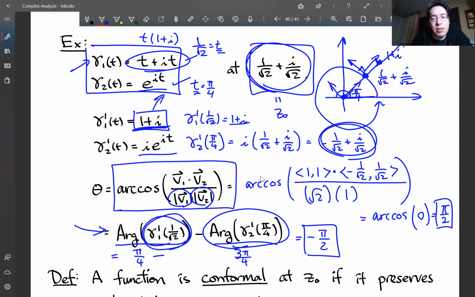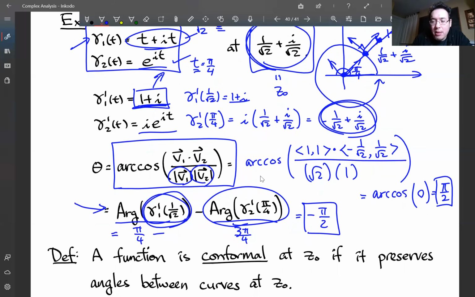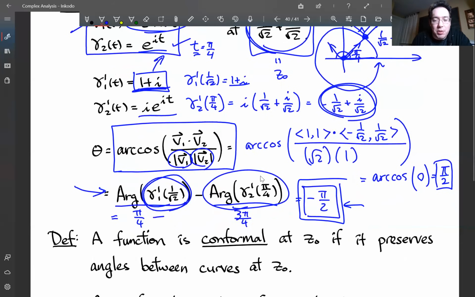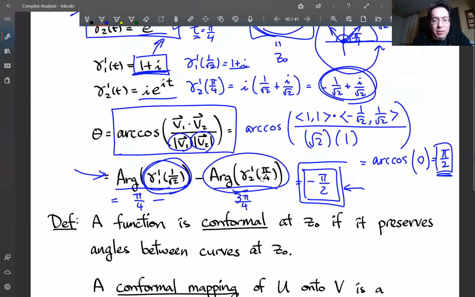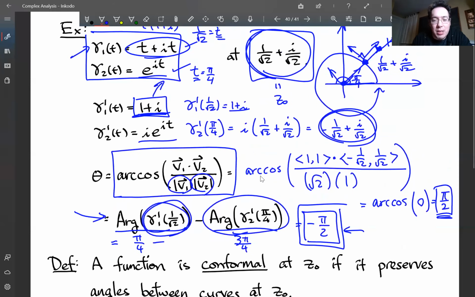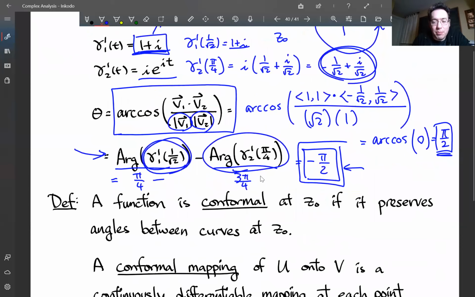So the orientation of the angle, whether the angle is in the clockwise direction or counterclockwise direction, makes a difference. I prefer you compute it this way, but as long as you're paying attention to which curve is where, you could still use the Calc 3 method as well.